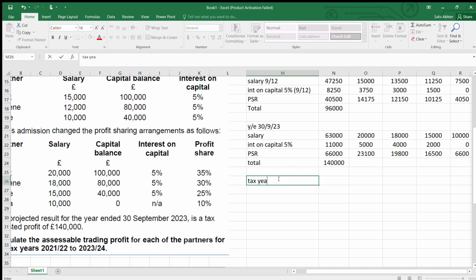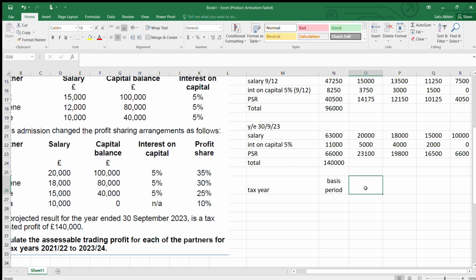Tax year, basis period, tax: Alex, Arsene, Joyce.